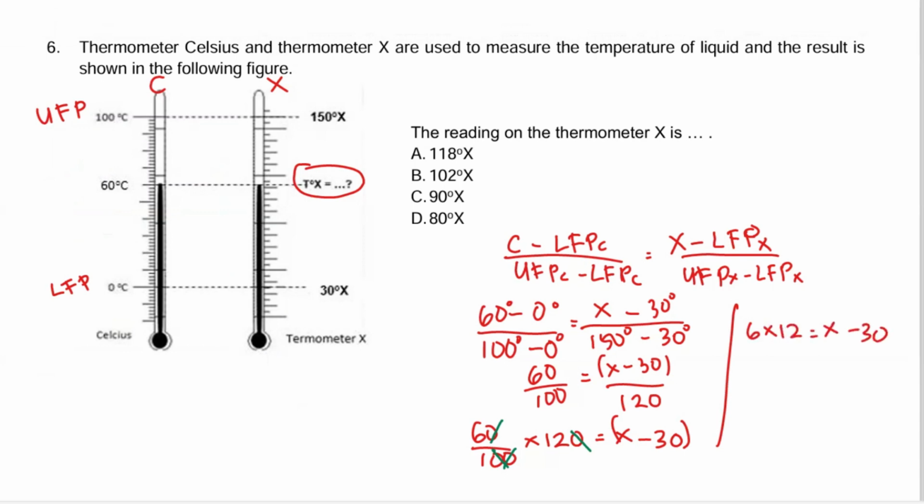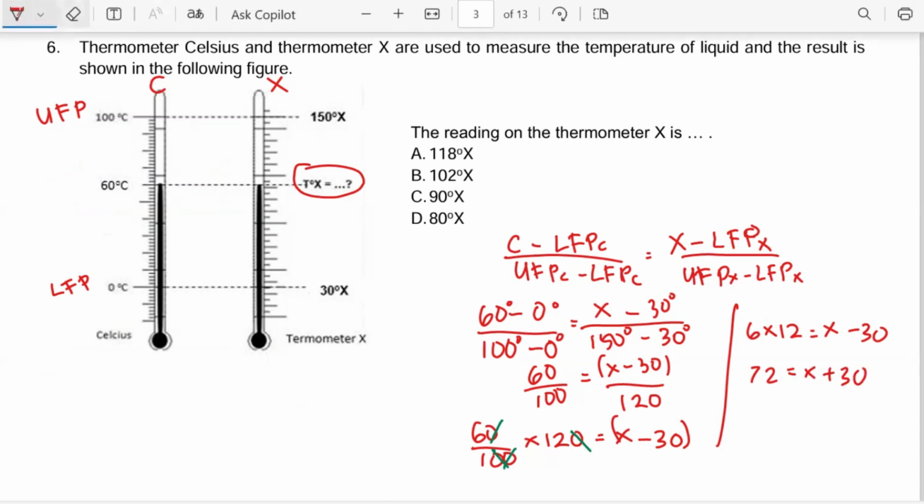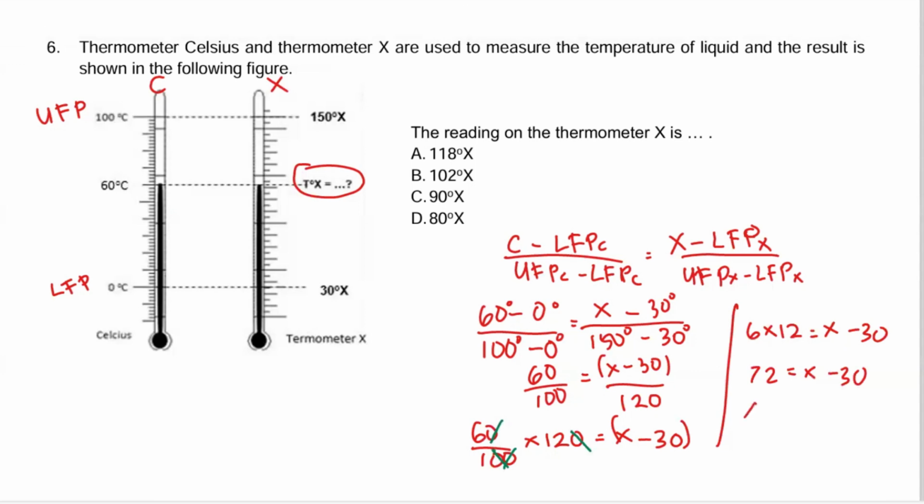So 6 times 12 is 72, equals X minus 30. If we want X alone, we must send the minus 30 to the other side. So we get X equals 72 plus 30. So X equals 102 degrees X. So the answer is B.